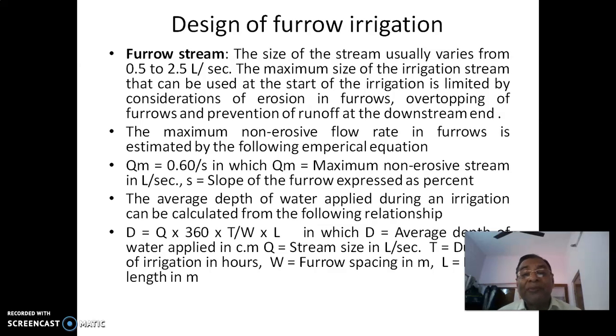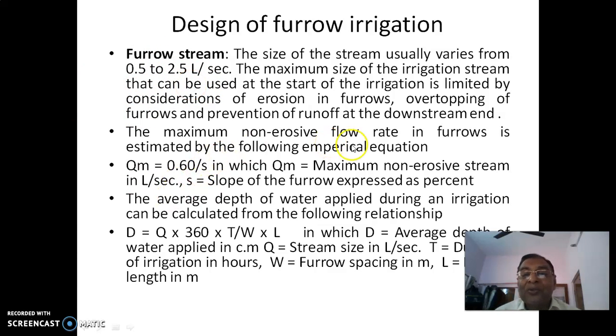Overtopping of the furrows and prevention of runoff at the downstream is another problem. Not only erosion at the upstream end, but at the downstream end you have a lot of runoff, because all this water goes and settles at the downstream, particularly at greater slopes. That is why your stream size is limited.